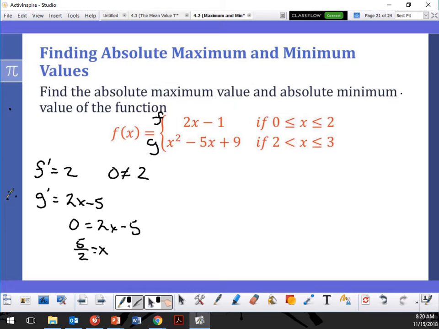For this one, f of 0 is going to give me -1, right?